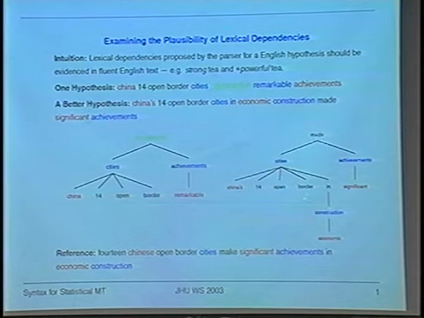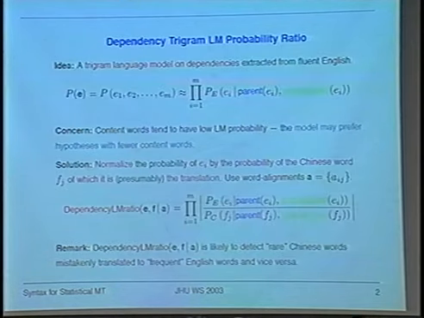However, on the right is a better hypothesis, which is actually the oracle sentence: China's 14 open border cities in economic construction made significant achievements. "Made" is at the top of the sentence, and these are its dependents, so a much better candidate. In order to capture this feature, what we did was to build a dependency trigram language model.